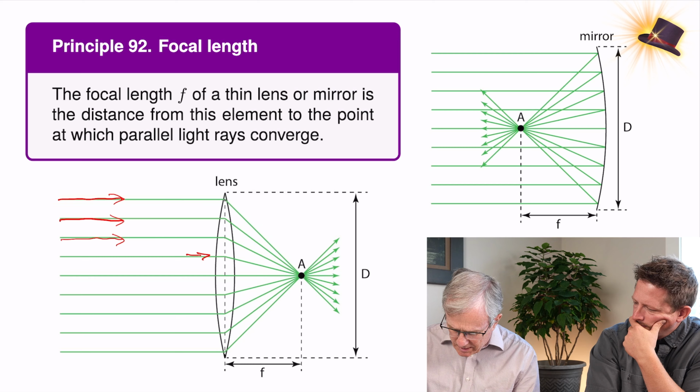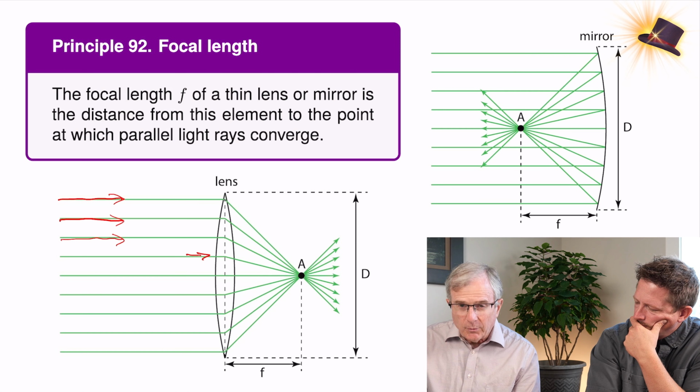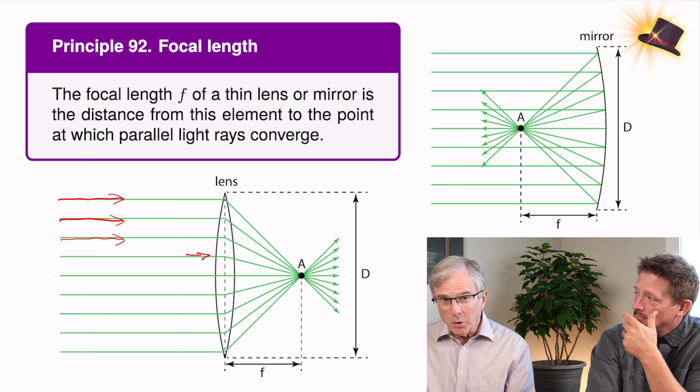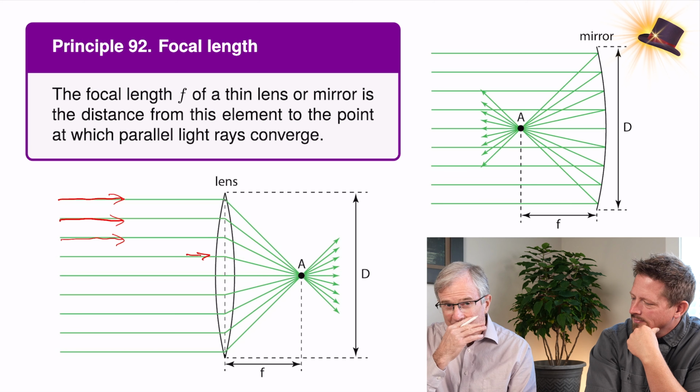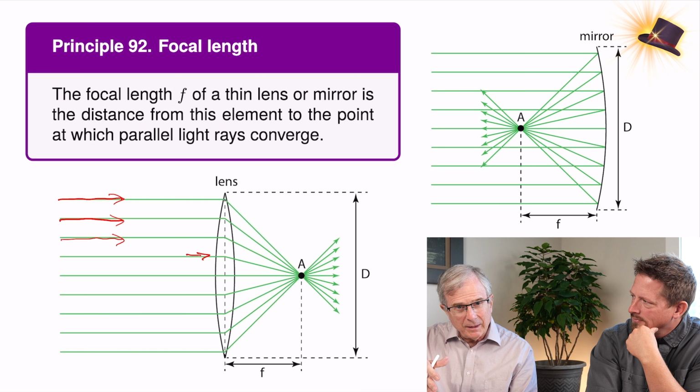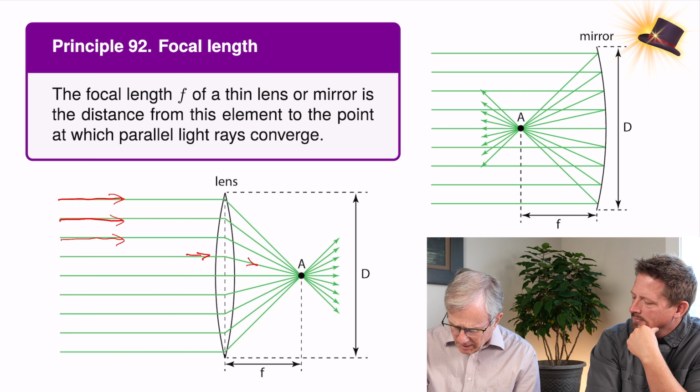Those rays then hit the lens and refract, because light travels slower through glass, like we talked about before, than it does through air. That causes light rays to bend when they enter the lens and when they leave the lens, and then all these light rays converge at a point, and that point is called the focal point.